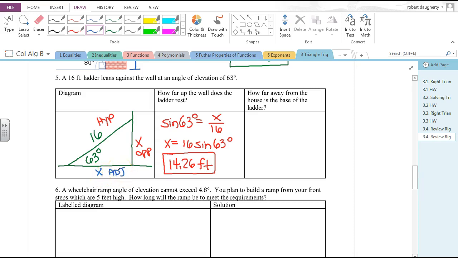So what deals with adjacent and hypotenuse? That's the cosine. So the cosine of 63 is equal to, instead of x, let me call it z, which is another variable. So the cosine of 63 is z divided by 16. So z is equal to 16 times the cosine of 63.